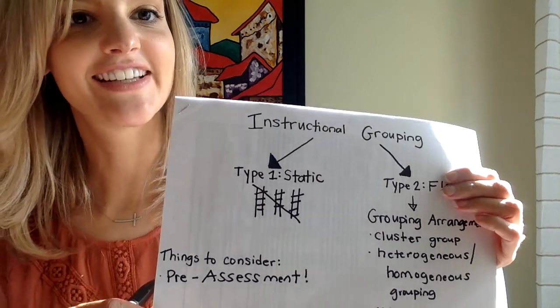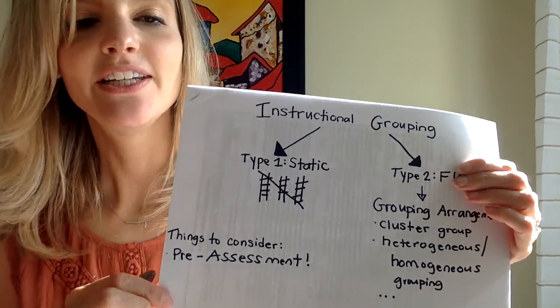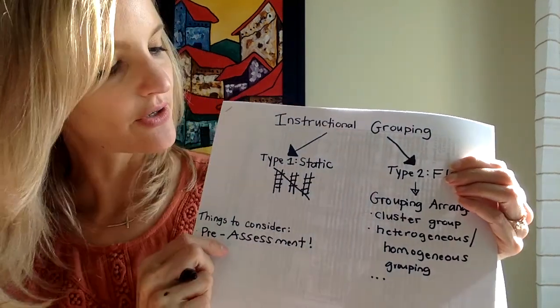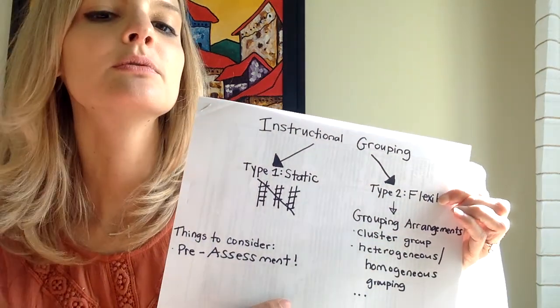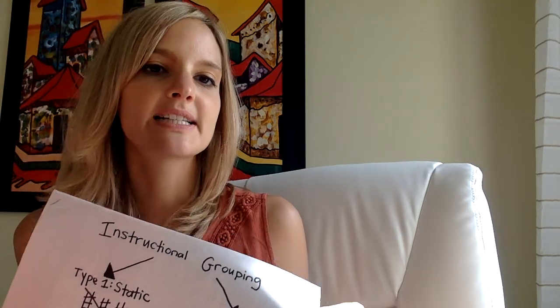So the first consideration would be, what do you use as your pre-assessment, right? So hopefully within Module 2, I convinced you of the importance of pre-assessment. You can't forget that, right? So in order to make decisions in terms of these flexible groups, really consider which pre-assessment or pre-assessments you are using.